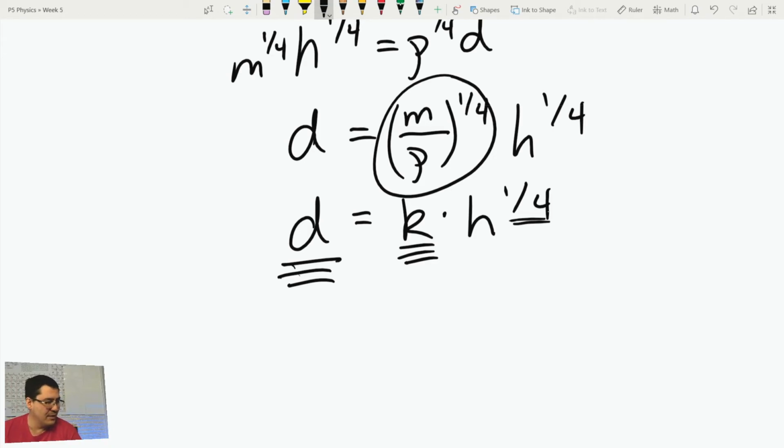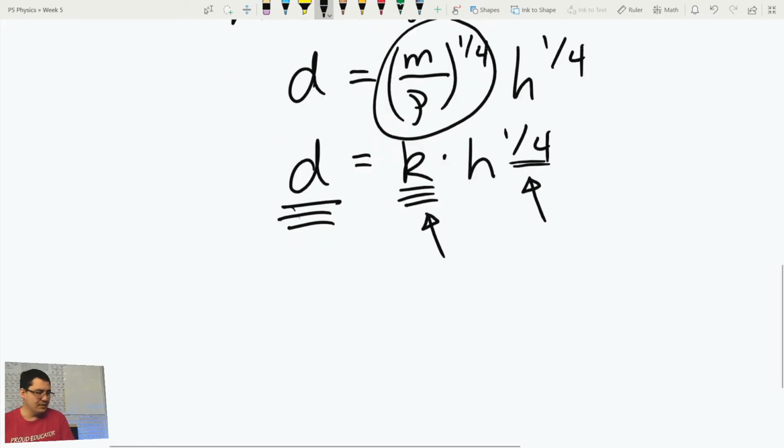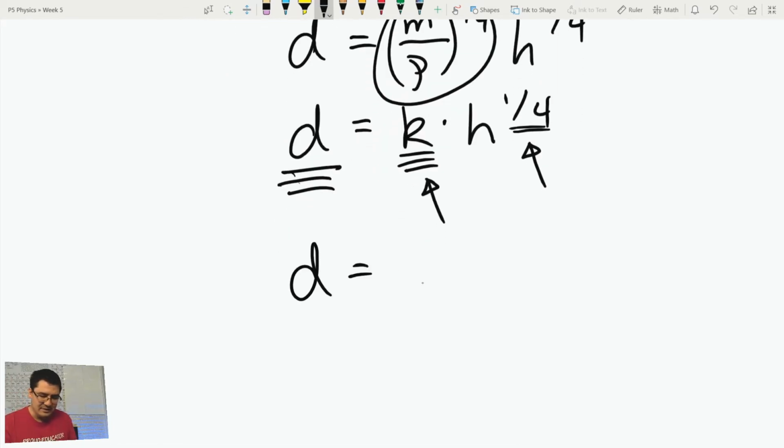That's for a cube, but it's not necessarily a 4th power for a sphere or an egg shape or something like that. So your job in the lab is to figure out what these two factors are. So really what we're going to be solving is an equation that looks like k times h to the n. And your job is to figure out what these constants are.